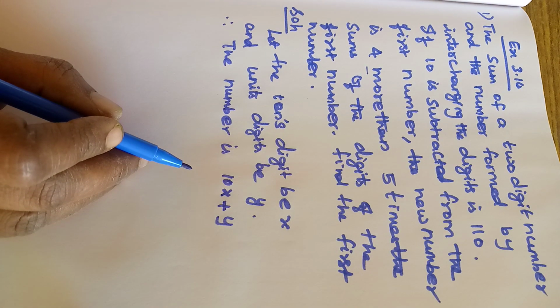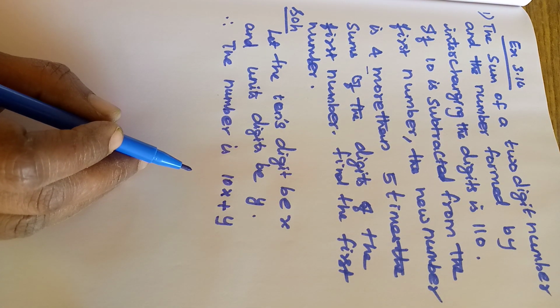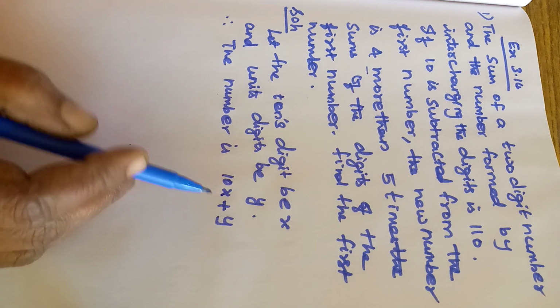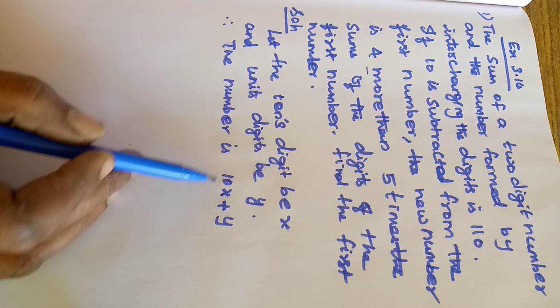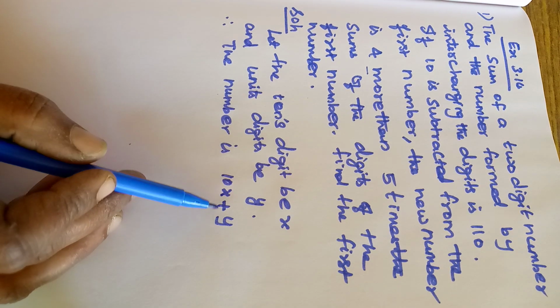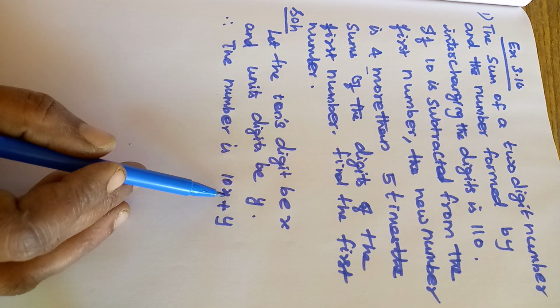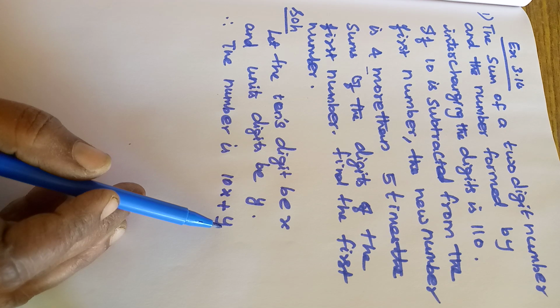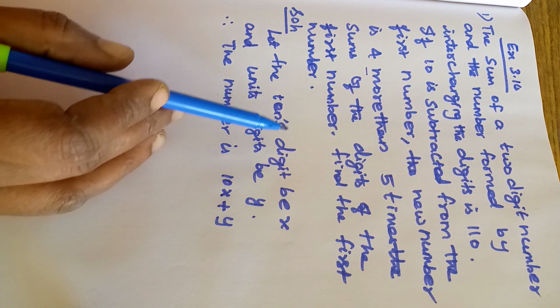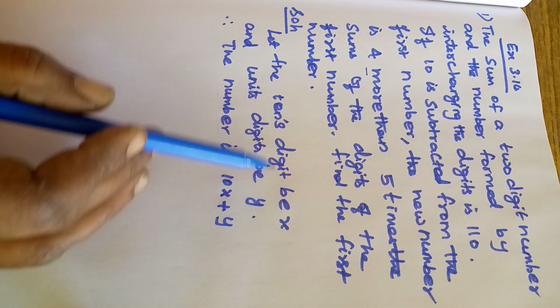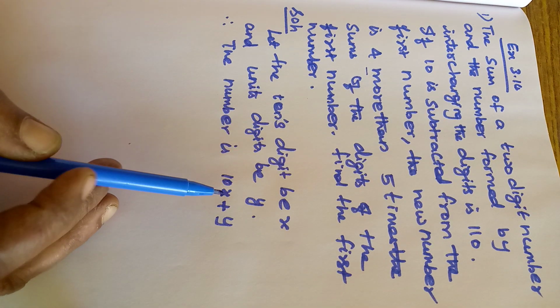If the digits are reversed, meaning interchanged, in place of x comes y, in place of y comes x. So it becomes x plus 10y. What is meant by this? The tens digit becomes y and the unit digit becomes x.